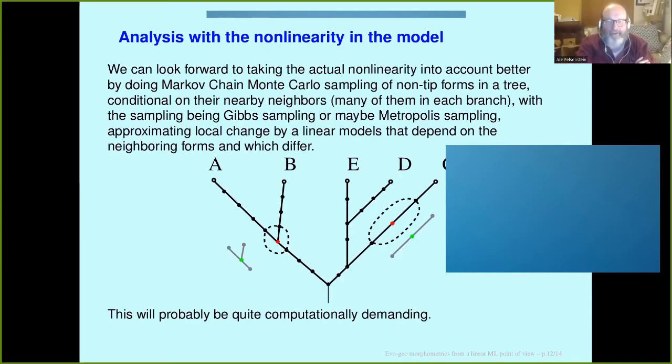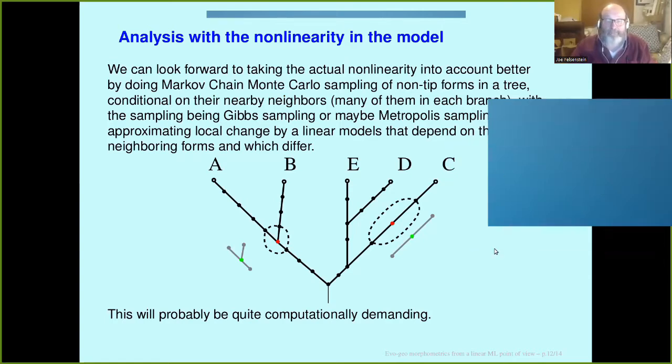Now, suppose we consider the nonlinearity of the actual model and don't make the approximations that I talked about, which end up close to standard morphometrics. Well, one of the things you could do would be to do a Markov chain Monte Carlo analysis. Now, I take it that that's going to be a matter of considerable concern already to the people in this workshop.